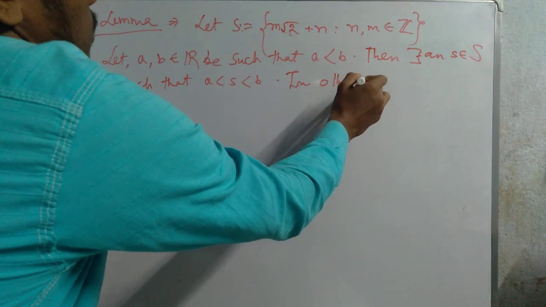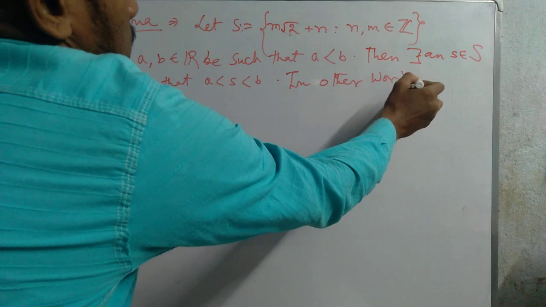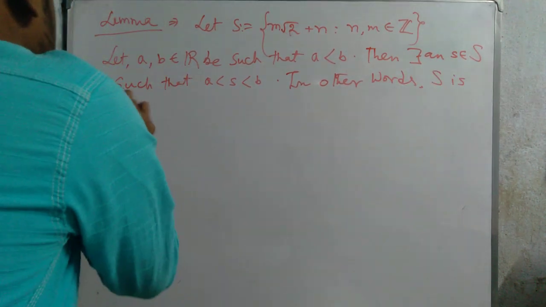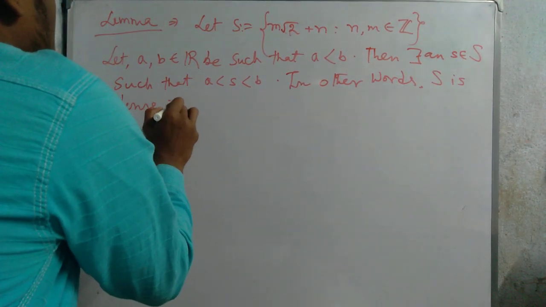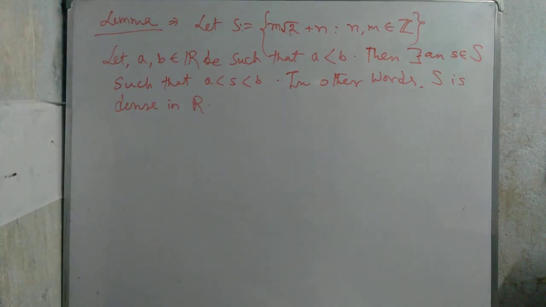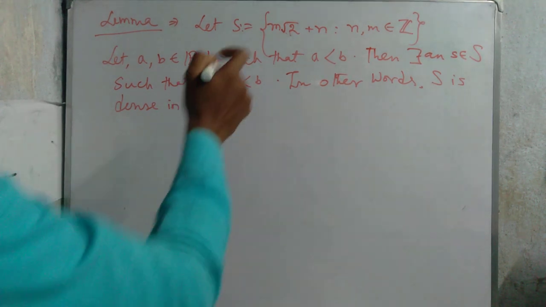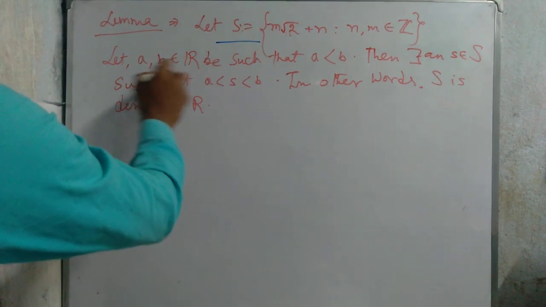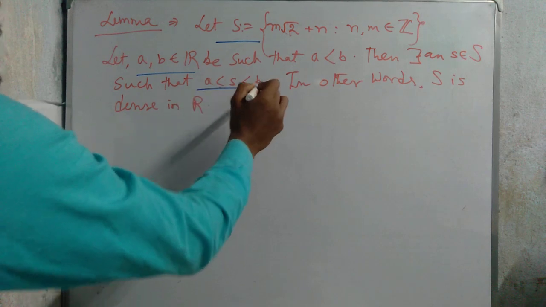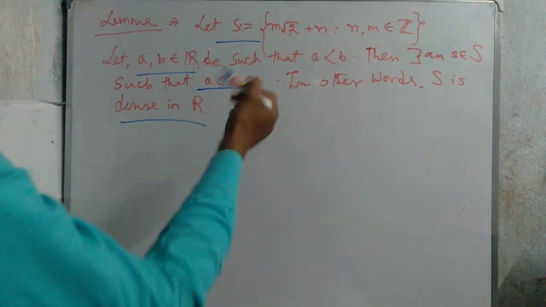In other words, S is dense in R. So we talk about this portion. We define S in this way, and a belongs to R, then we find this one. This means that S is dense in R.